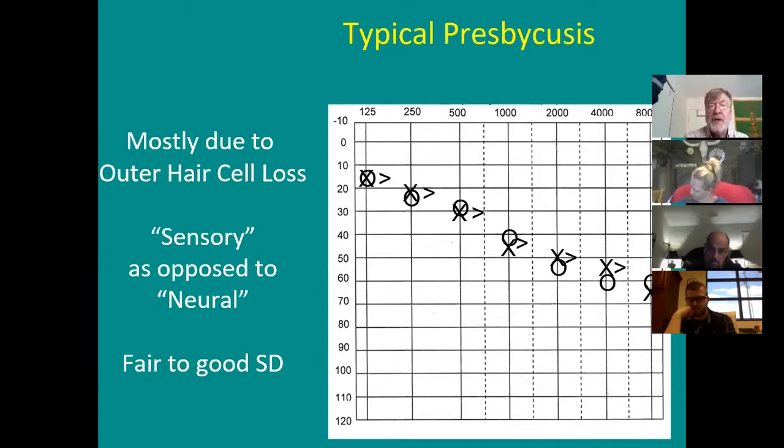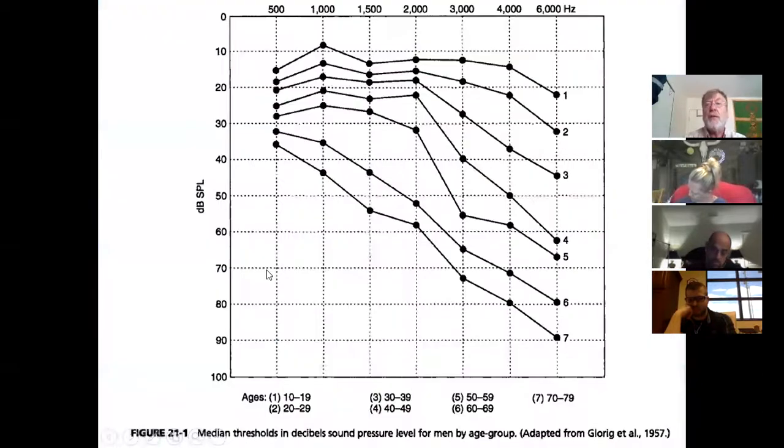Okay, presbycusis, very, very common. As we age, hearing loss, as we age, look at the advent of presbycusis. Now I'm going to tell you a little story about England. There's a guy several years ago who invented a device called the mosquito.